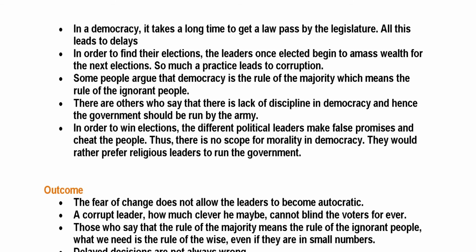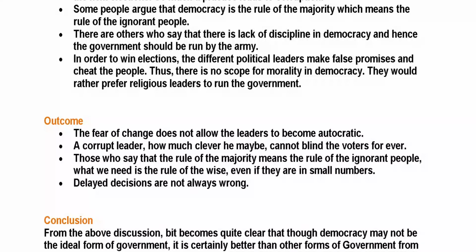Next point, in order to win elections, the different political parties make false promises and cheat the people. Thus, there is no scope for morality in democracy. They would rather prefer religious leaders to run the government.